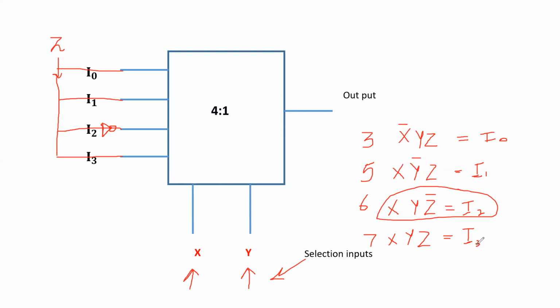From these three variables, two are used as selection inputs, and the third variable is attached to the inputs of the multiplexer. Similarly, if we are given a function of four variables, then we use three as the selection inputs, which gives 2 power 3, that is 8 inputs, and the fourth variable will be attached to the inputs to complete the implementation of the multiplexer circuit.